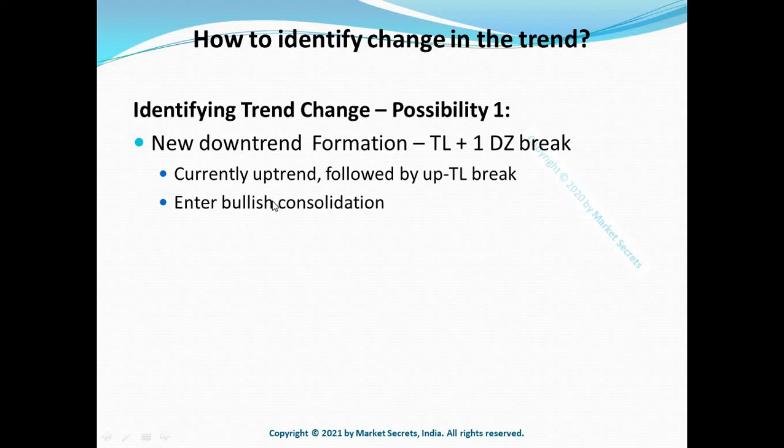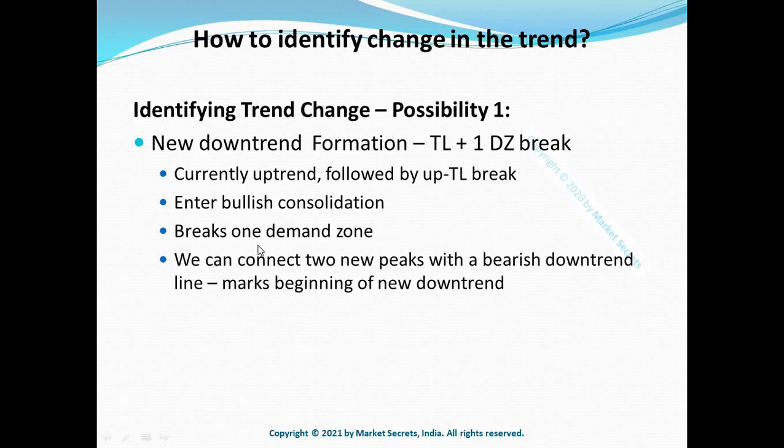Now the price is in bullish consolidation mode. Price then goes down further and at least one demand zone has been taken out. In the process, price forms a new peak, and if we can connect the two new peaks with a bearish downtrend line, then the time frame will now be in a downtrend.